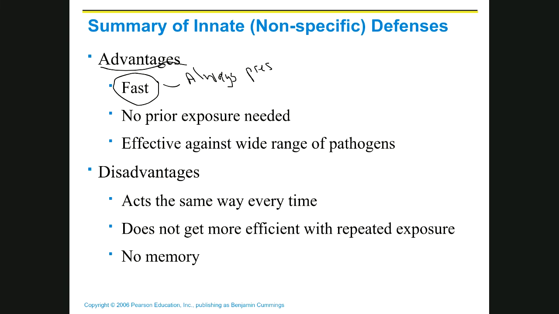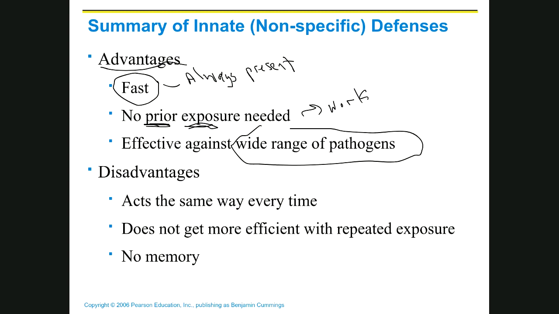Another advantage is that you don't need to have been exposed to this pathogen in order for it to work. It's going to work against all pathogens, a wide range of pathogens. And so that's a huge advantage also.